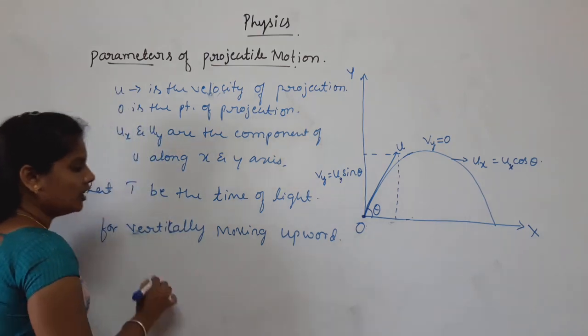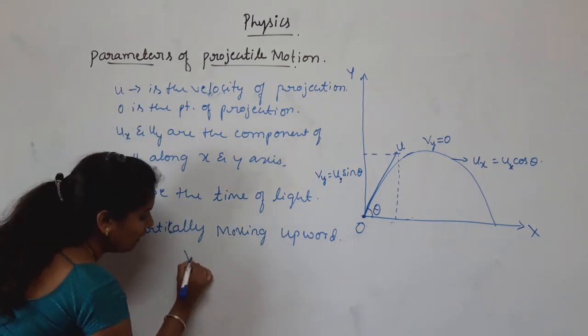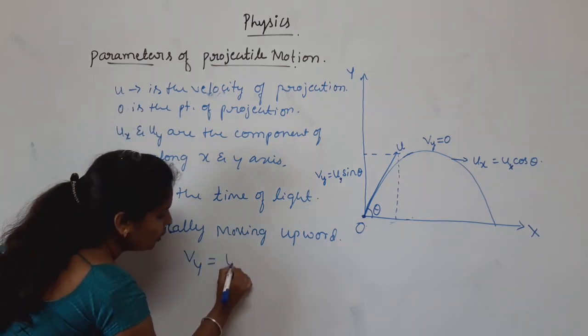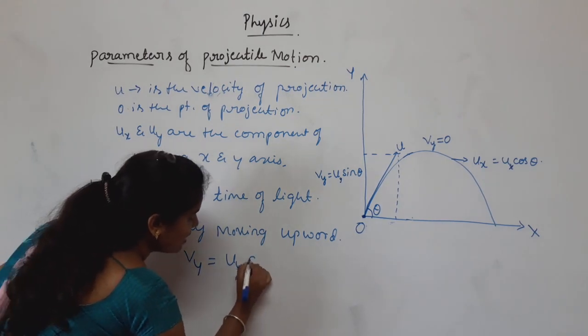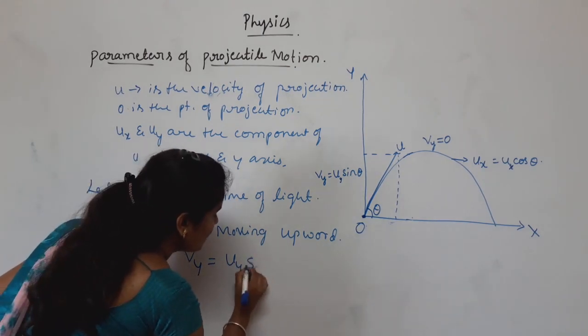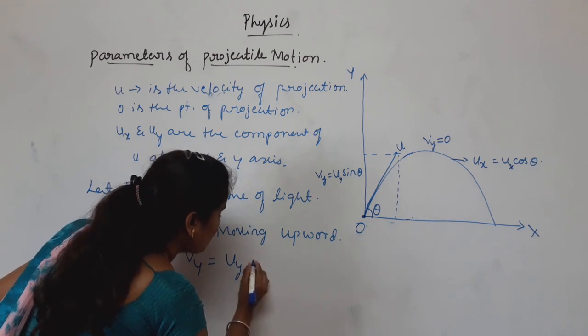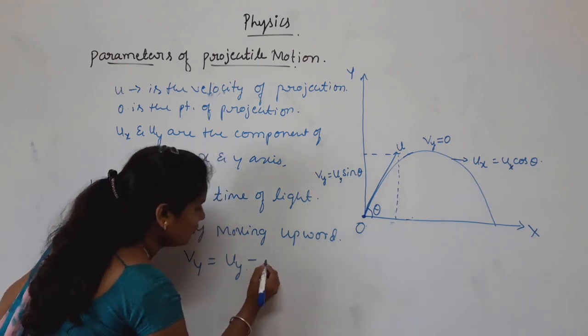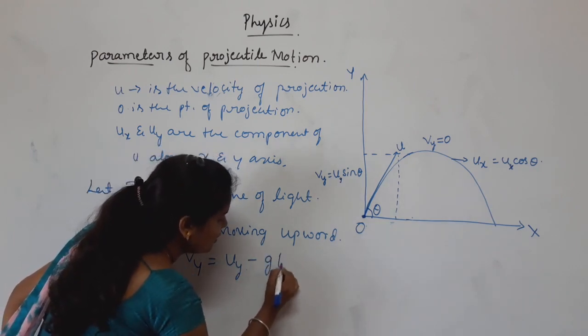So here the equation becomes Vy equals Uy minus gt.